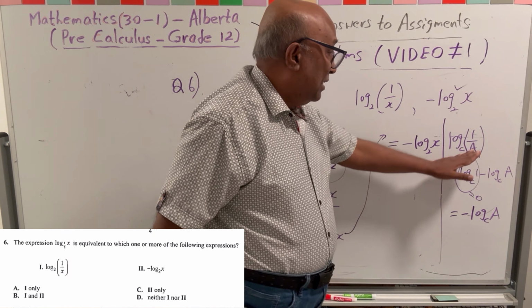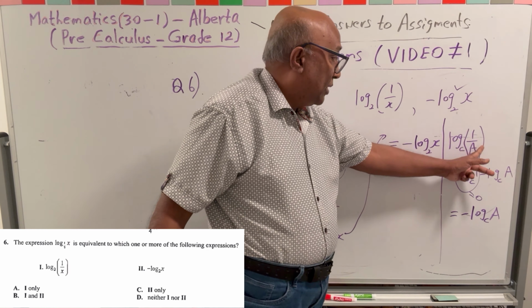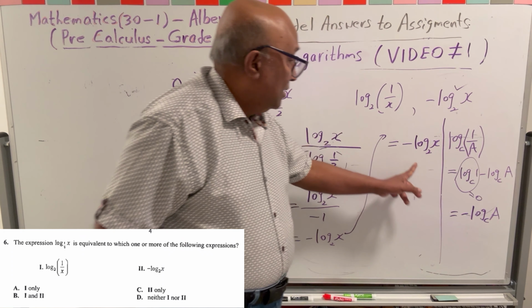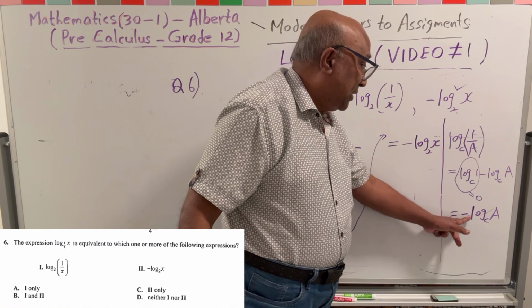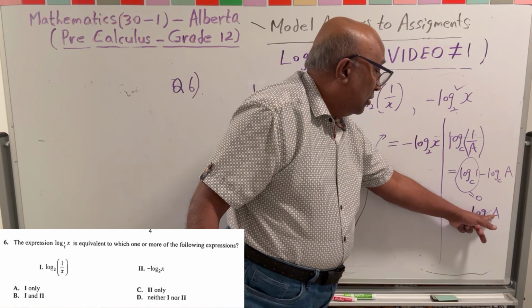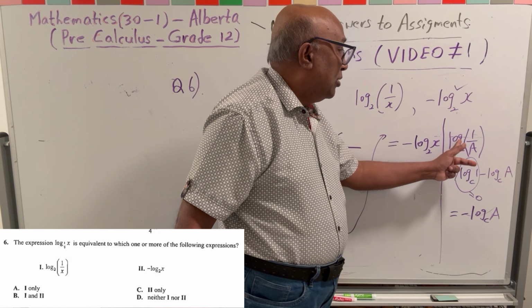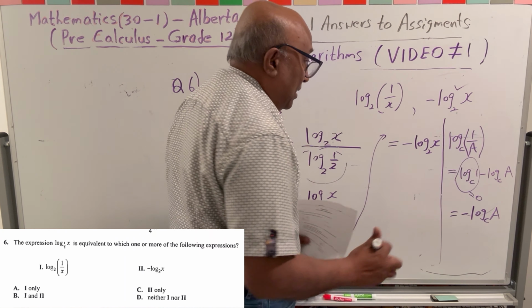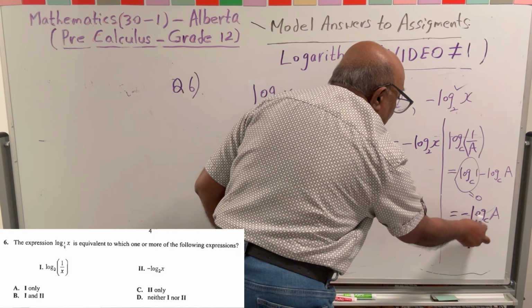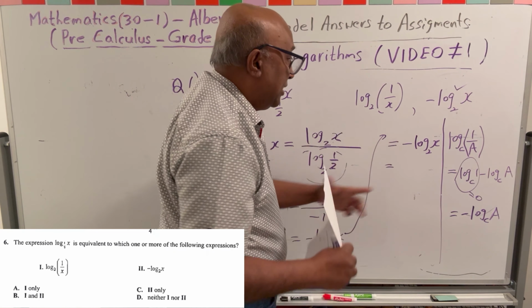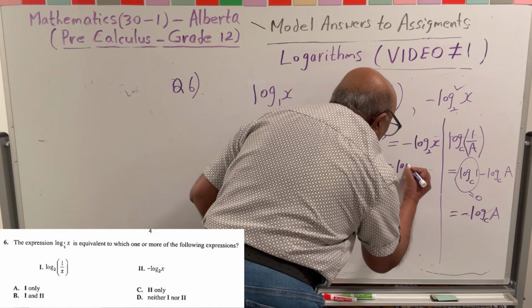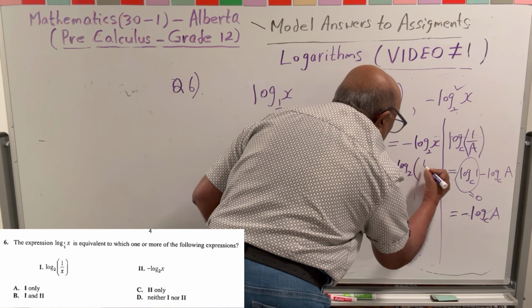Actually, just for explanation purposes, I wrote and explained everything. Then instead of minus log a, you can rewrite it as log 1 upon a. That means by reversing this, we understand that this is equivalent to log 2 of 1 upon x.